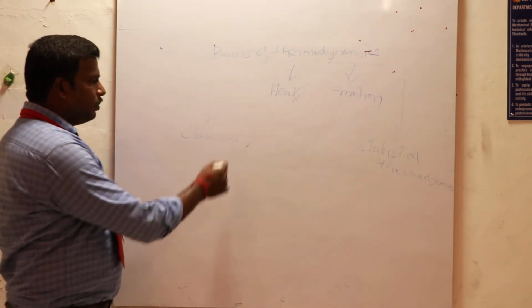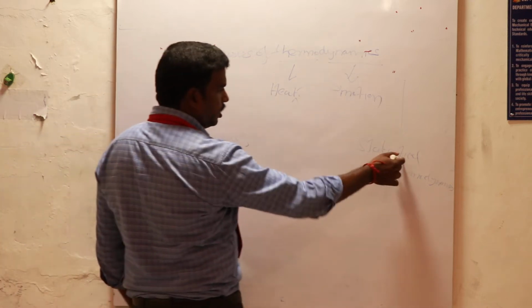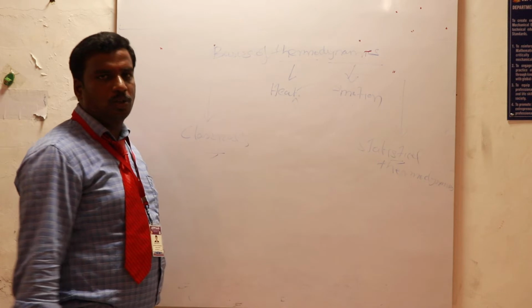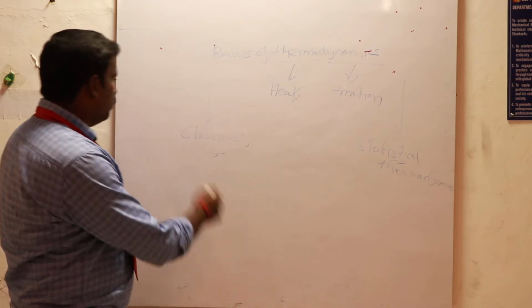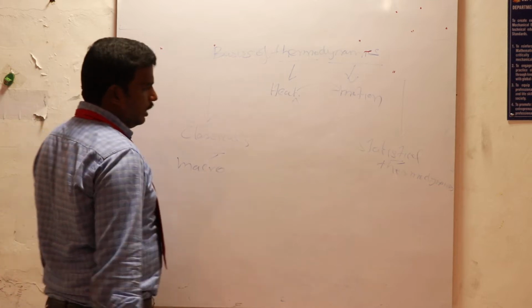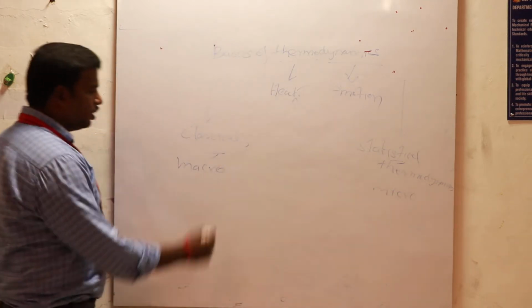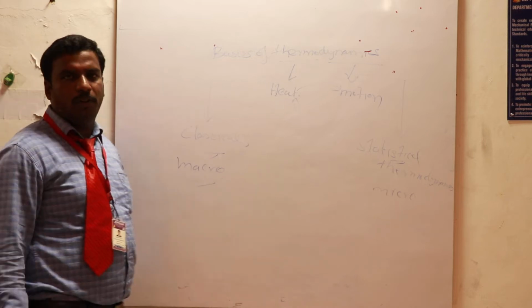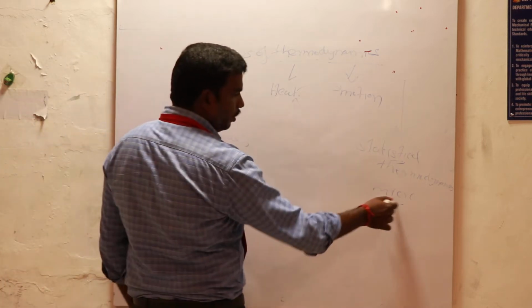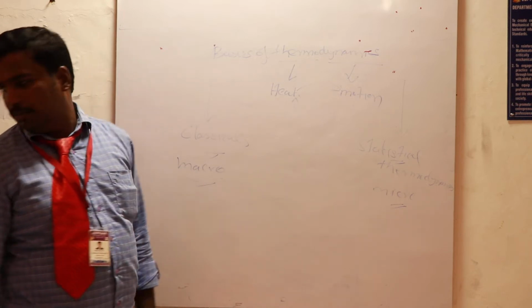Classical thermodynamics deals with a macroscopic approach and statistical thermodynamics deals with a microscopic approach. So what is macro and micro? As the name indicates, macro is a study of overall properties of a system and micro is a study of individual properties of a system.